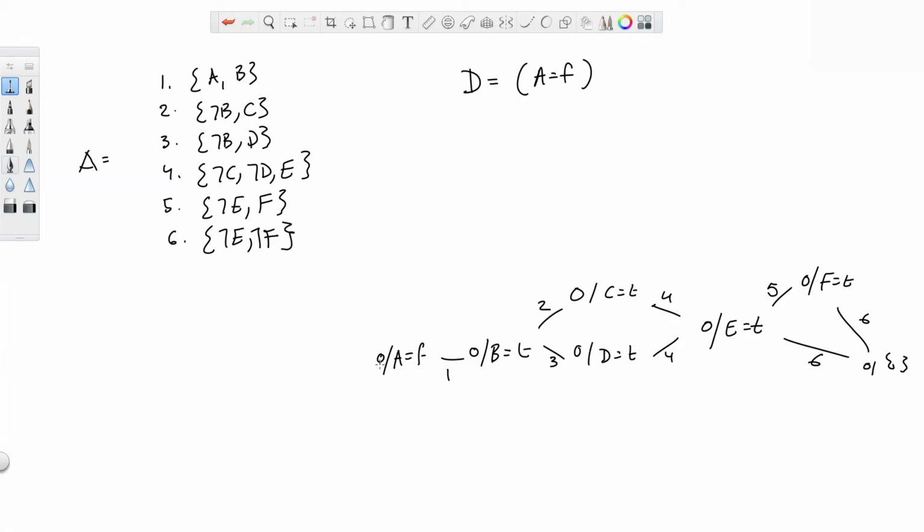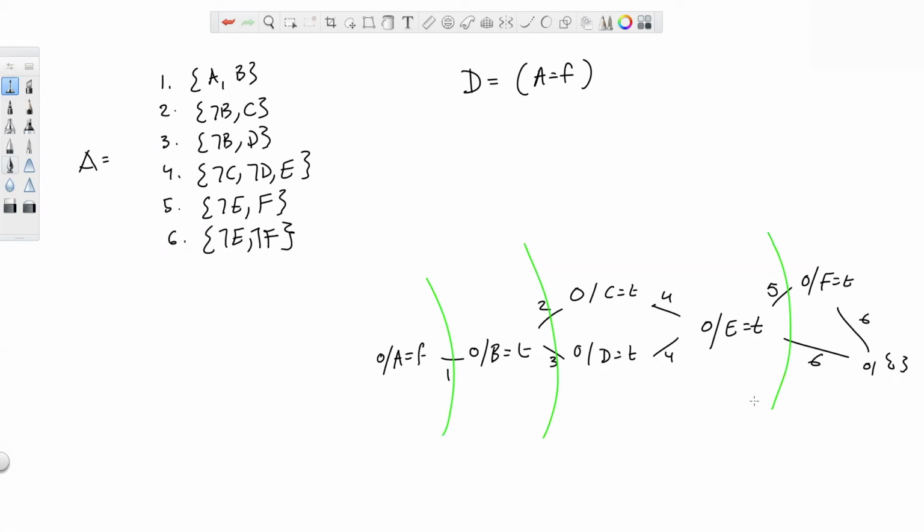The very first decision that I made at level 0, A equals false, basically led to a contradiction, okay? And if you look at the cuts in this particular case, here's one cut, and here's another, and this is one more.